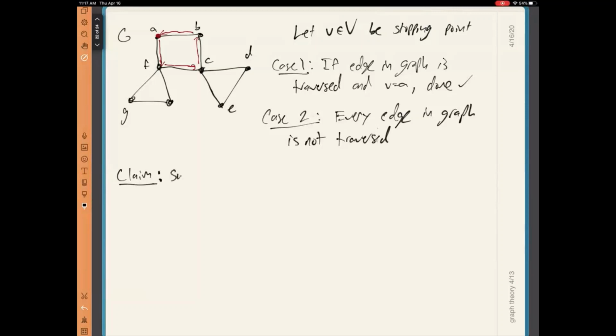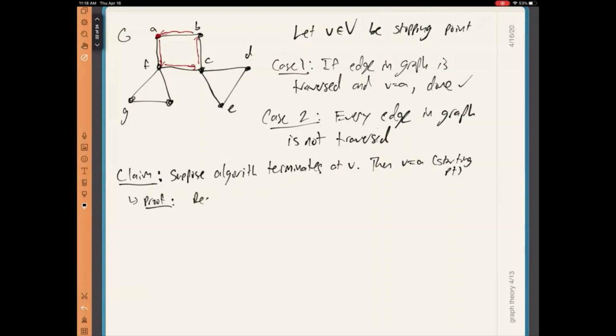Suppose the algorithm, meaning the algorithm that I described on the previous page, terminates at V. The claim is that V has to equal A, where A was the starting point, meaning this algorithm always produces a circuit.